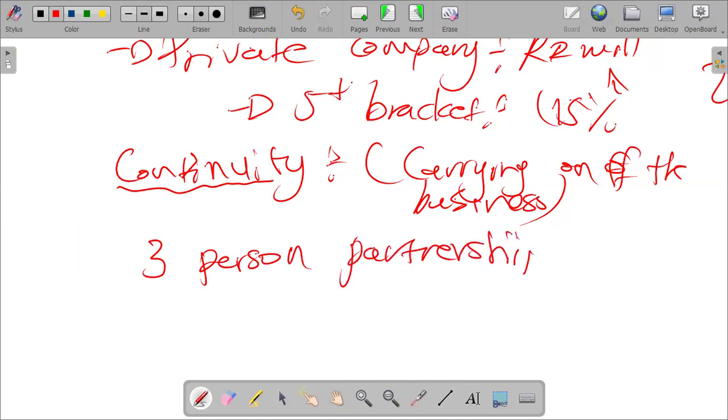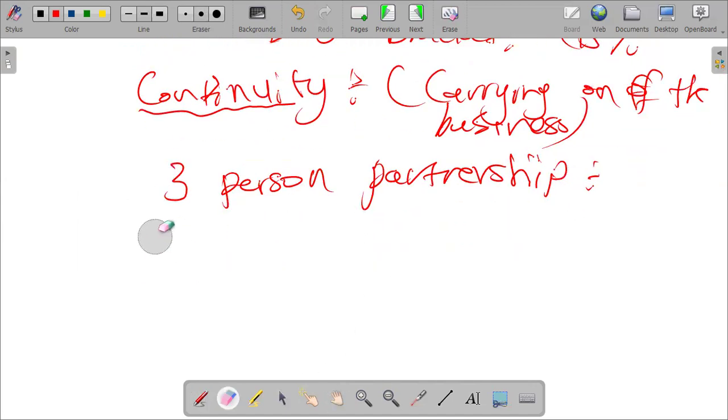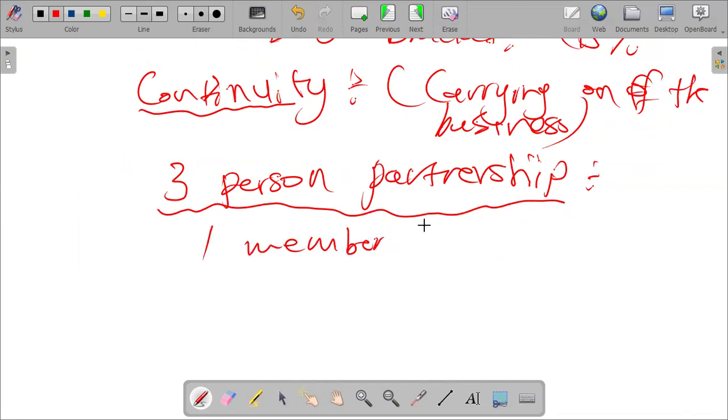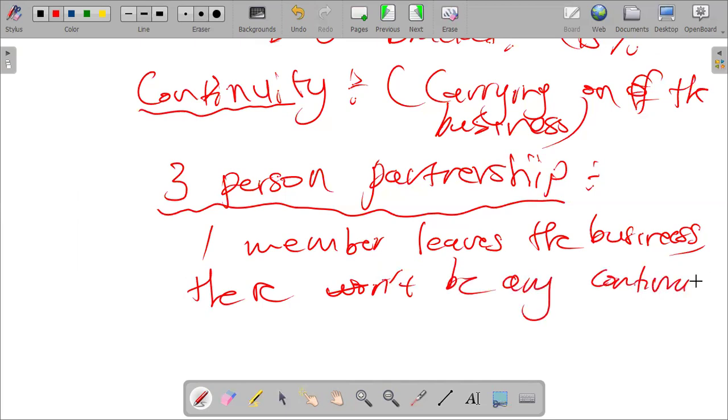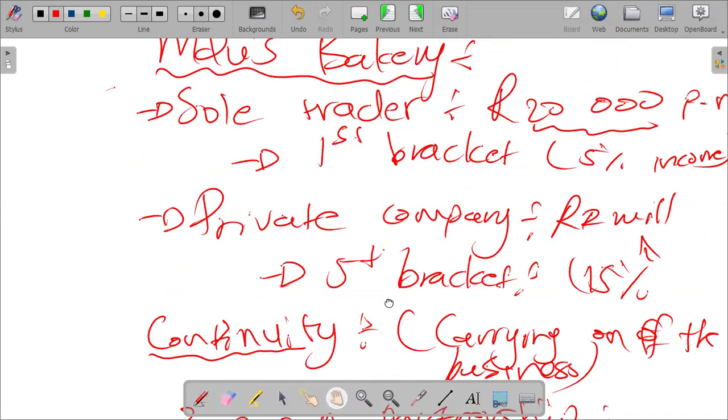In this case, if it's stipulated in the contract that if one member is deceased or chooses to leave the business, then there won't be any continuity, meaning that the business will stop operating if one member is deceased or decides to leave.